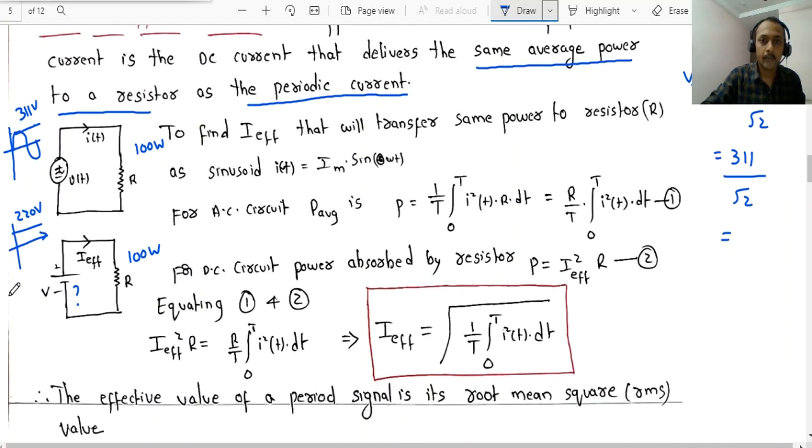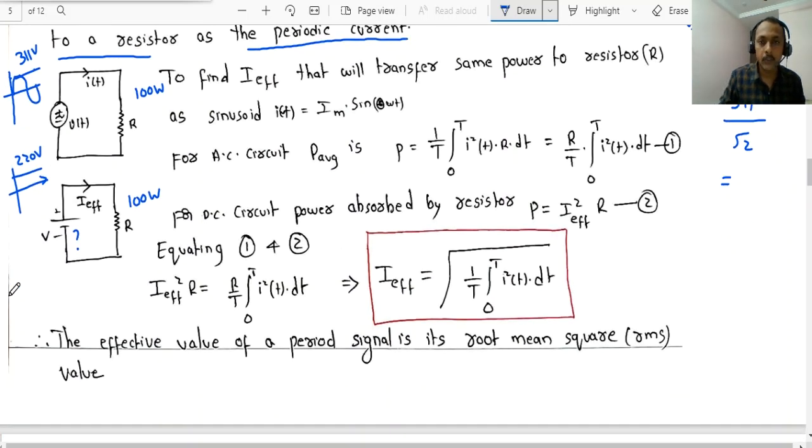To find the I effective that will transfer the same power to the resistor as a sinusoid, the sinusoidal representation we know is Im sin omega t. But for an AC circuit, what is the power? In both cases, you find the average power. Everybody knows the power P, you have completed DC circuits.